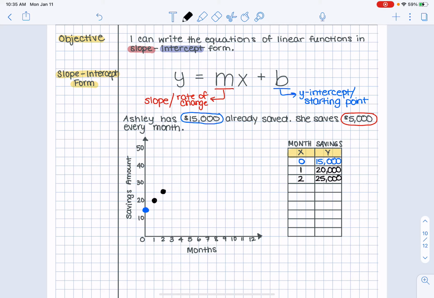So go ahead and continue completing your table and completing your graph to fill in all the data that you need, right? So after 3 months, she should have 30,000, and just continue the pattern here.